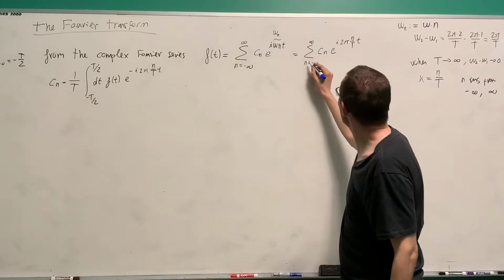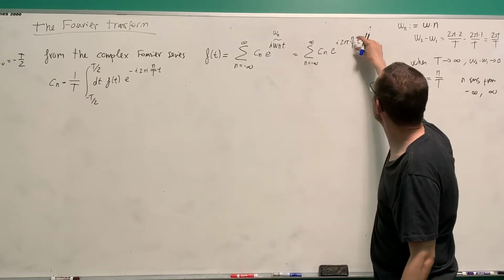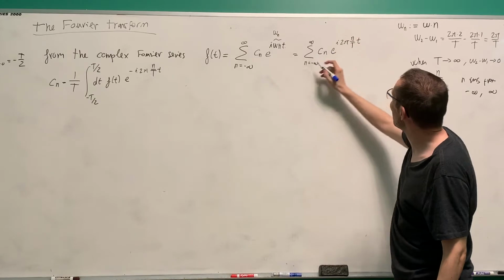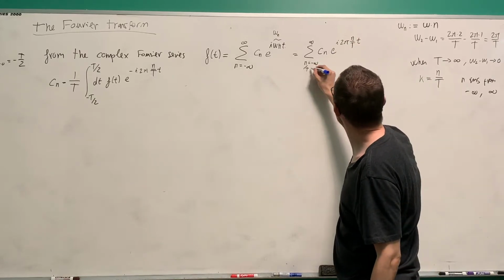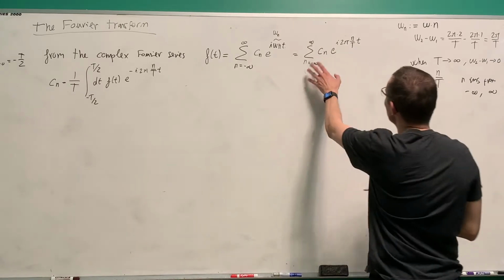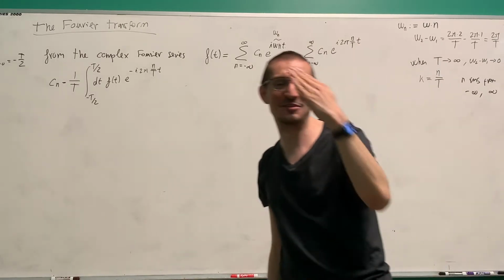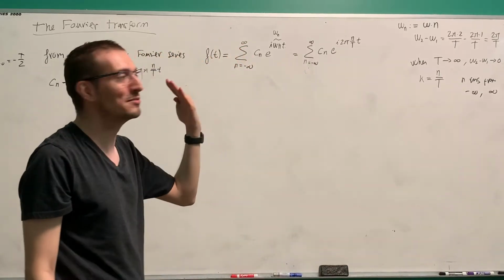So it's basically going from n over T. I can make the change of variable from n to n over T, or k if you want, right? I'm not going to write it, but it's going to be a sum over the values of n over T running in a continuum, running from minus infinity to infinity.